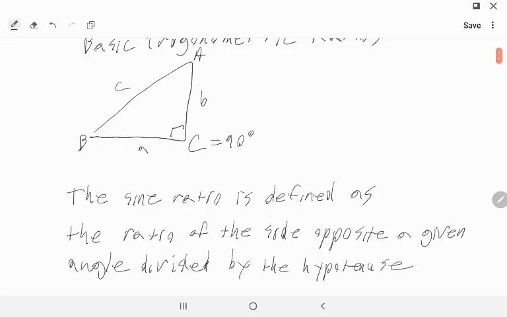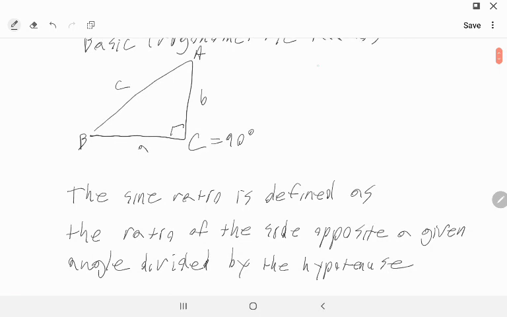So before we go into that, we want to be careful that, given angle capital A, we think of the opposite leg.